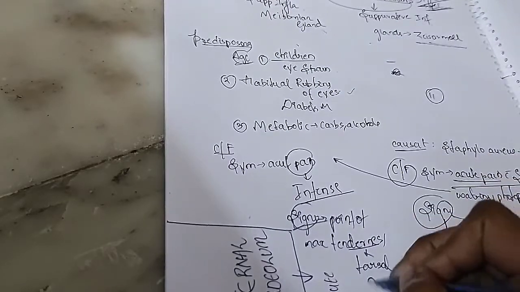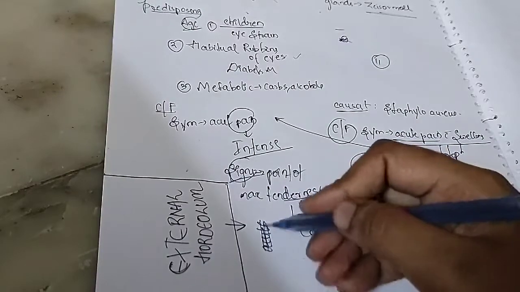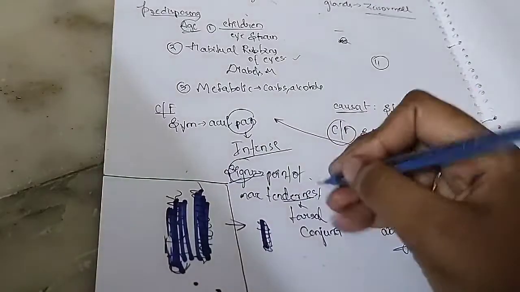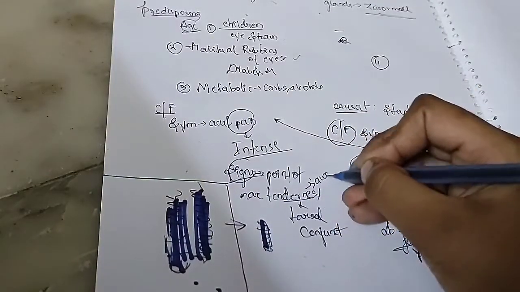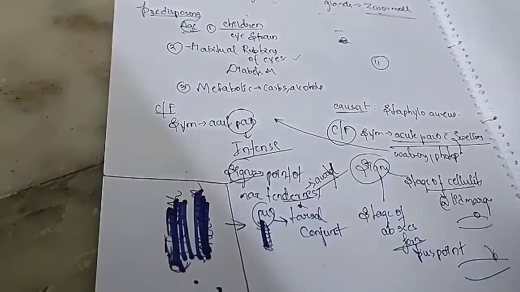The point of maximum tenderness is away from the lid margin, and the pus point is usually seen at the tarsal conjunctiva.